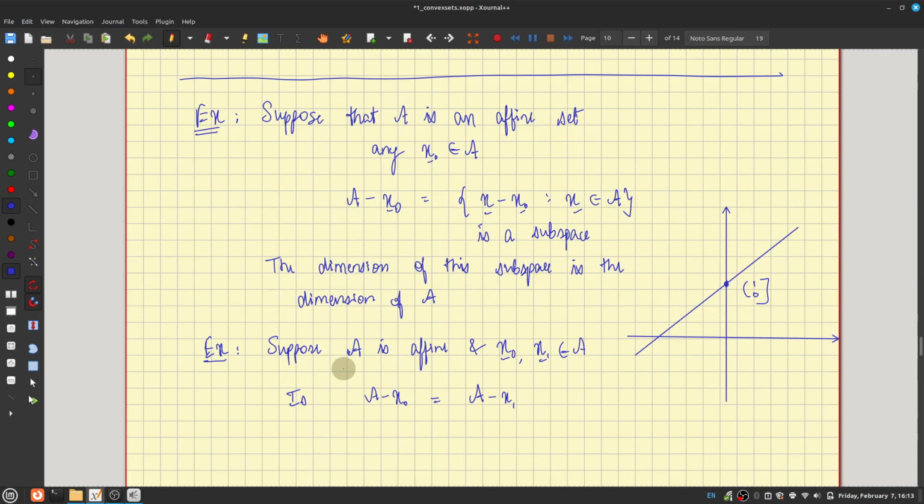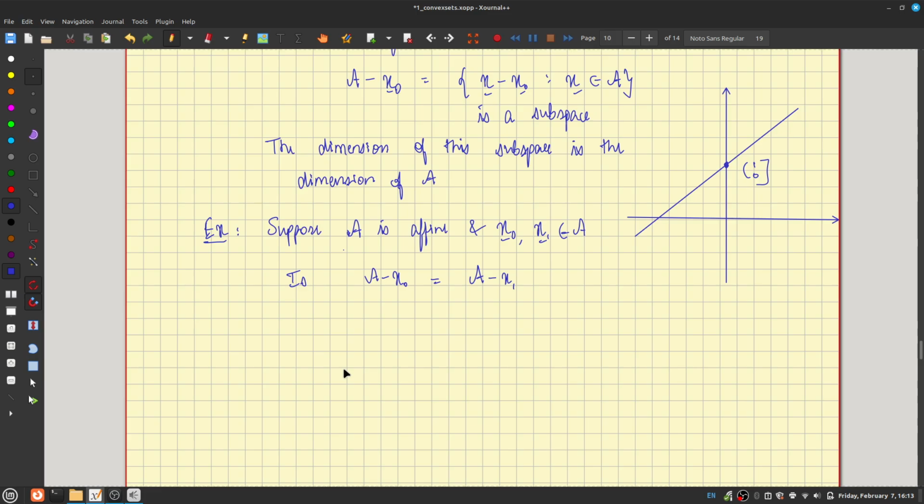Based on what definition? That's not the definition. Let us take the summation of alpha x and then I subtract some x. The linear combination of that will more or less be every vector minus x.